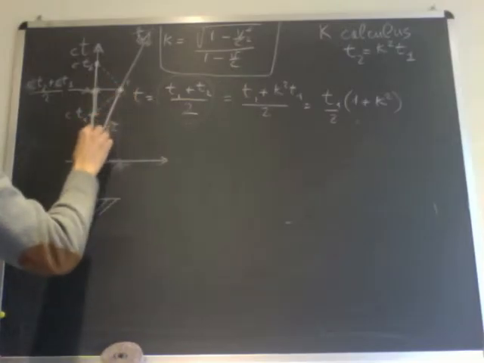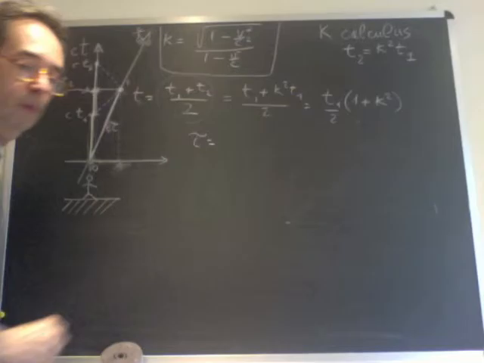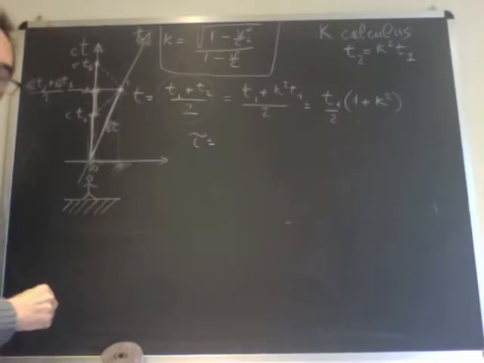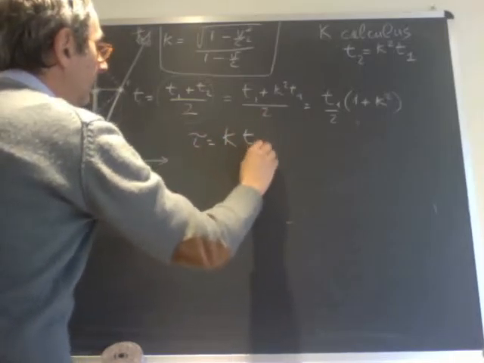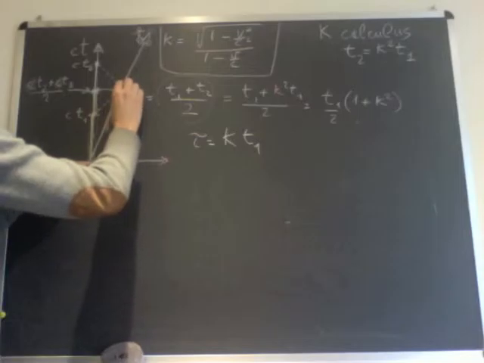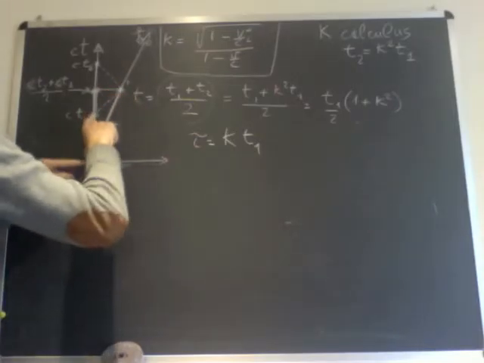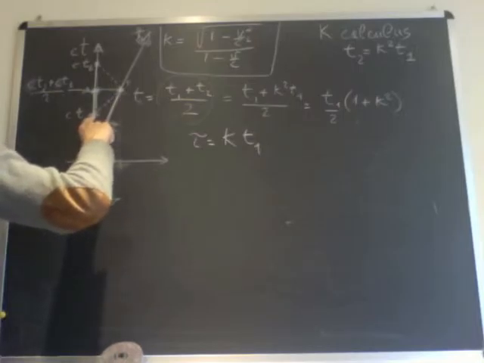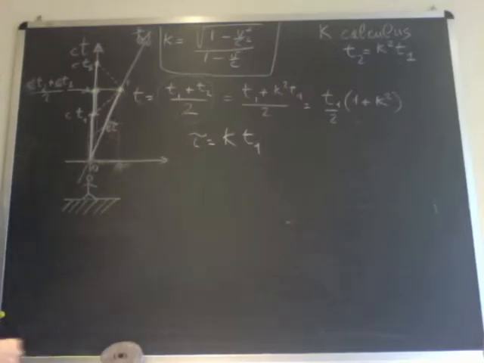So this is equal to what? We know that tau is equal to k t1. You remember? This is t1, this is tau, and the factor k applied to the distance t1 gives us tau. Good.